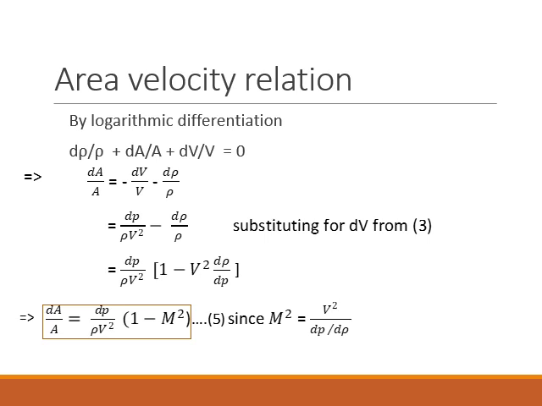So we get dA upon A equal to dP upon rho V square into 1 minus M square, since M square, that is the square of Mach number, is equal to V square upon dP upon d rho, the sound velocity being equal to the square root of dP upon d rho.